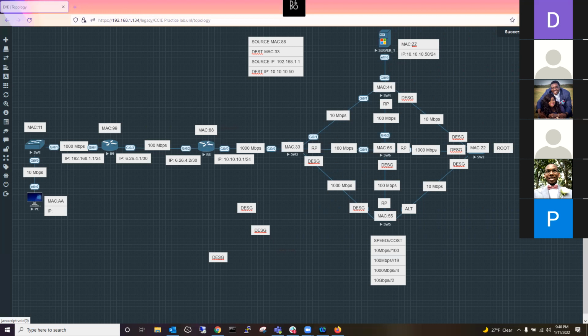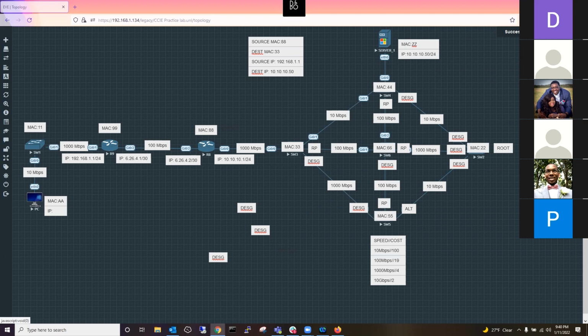Because if we do that, if he blocks me, I won't be able to go home. I would be forced to use that designated port or that alternate port. I can't see it on there, but I'll have to use a 10 gigabit link that goes directly to switch 2, right at that first interface.